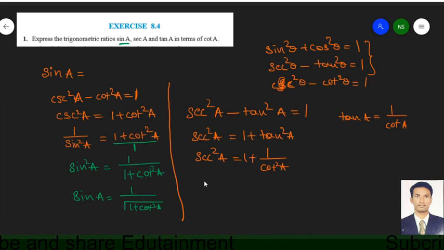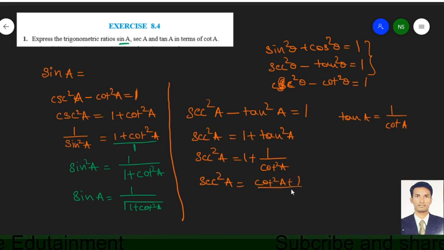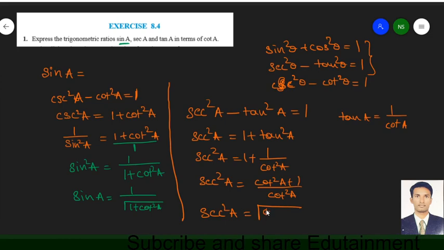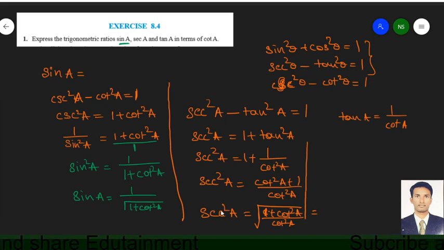So from this we can write secant square A is equals to cot square A plus 1 divided by cot square A. Send the square to another side, then secant A is equals to under square root 1 plus cot square A divided by cot square A. If we split the root for both numerator and denominator, we will get, yeah, we already sent this square root on the side.